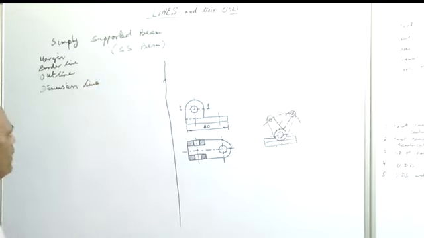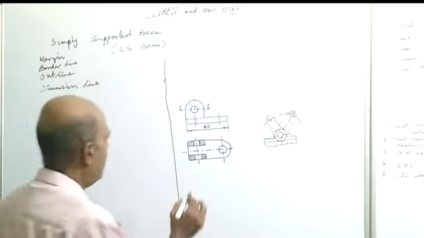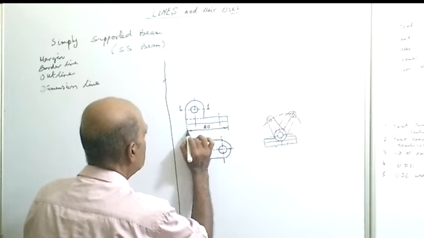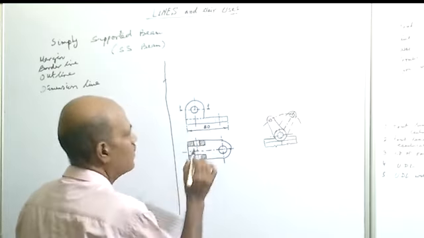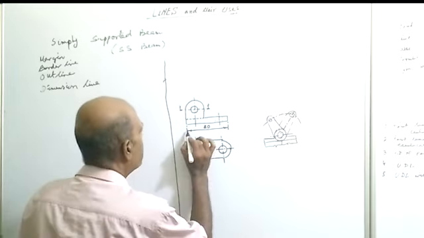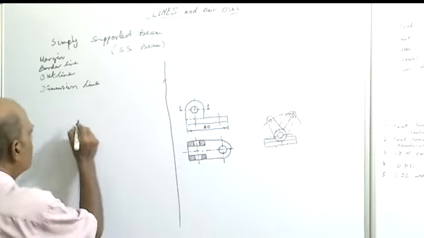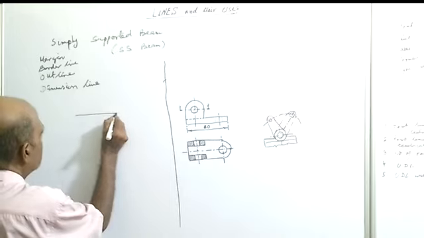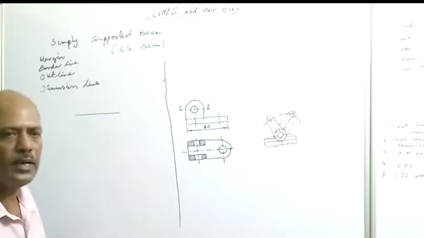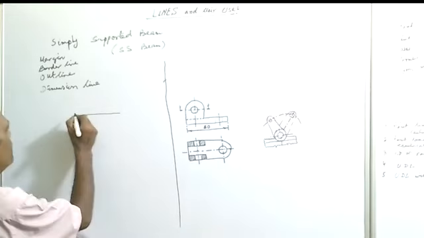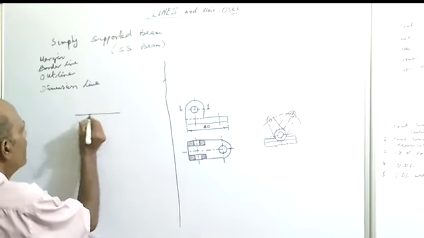So the dimension line is used here, you can see, to show the dimension of this length. Say it is 80 millimeter, so it is shown like this. A thin continuous line is used to show the dimension of the object. So this is called the dimension line.